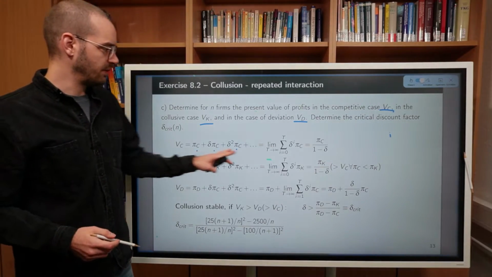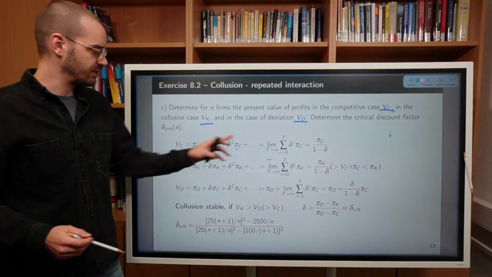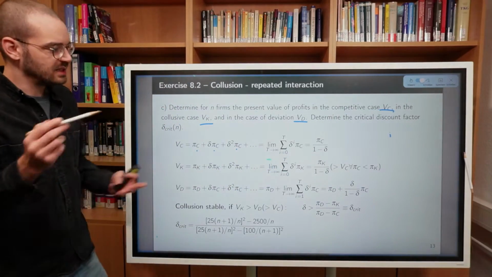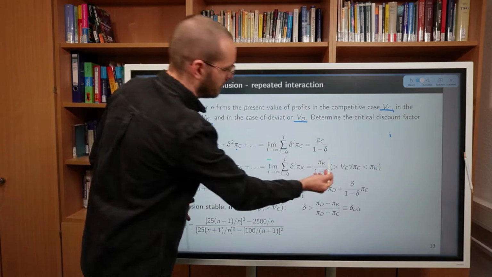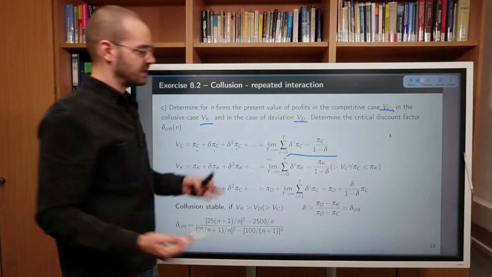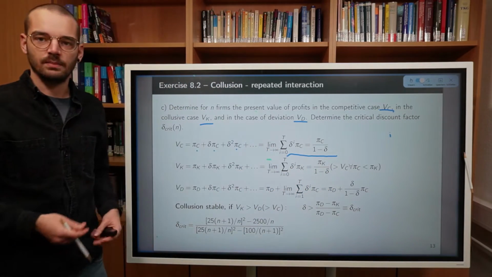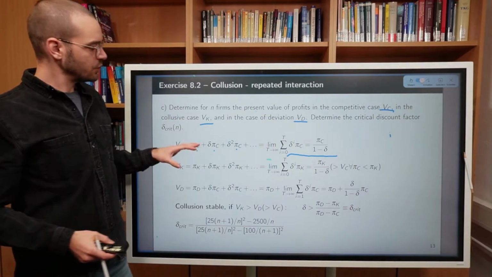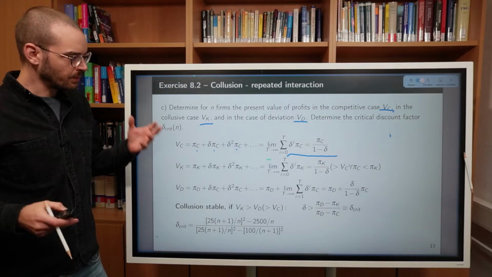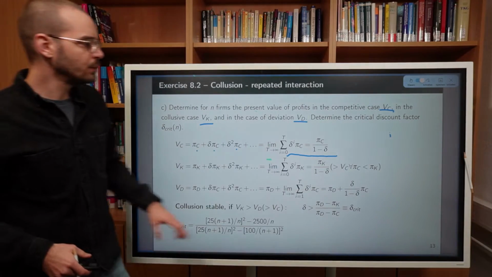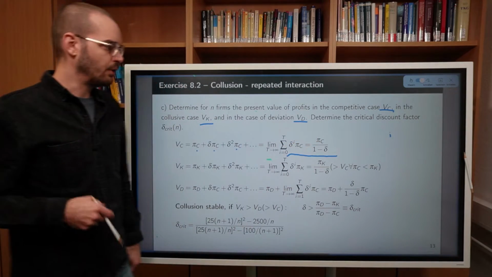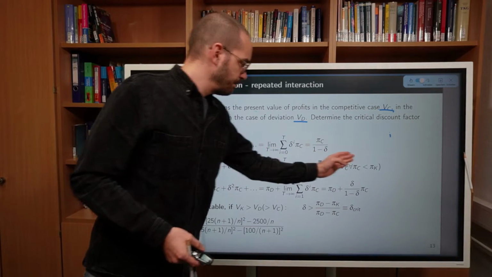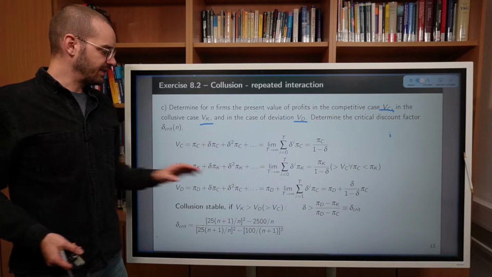And what we can show is that for this type of geometric series, where the first power is a 0 and not a 1, this geometric series collapses to this very simple expression. So the present value of sticking to competition, VC, equals pi c divided by 1 minus delta. All right, that is the present value under competition.